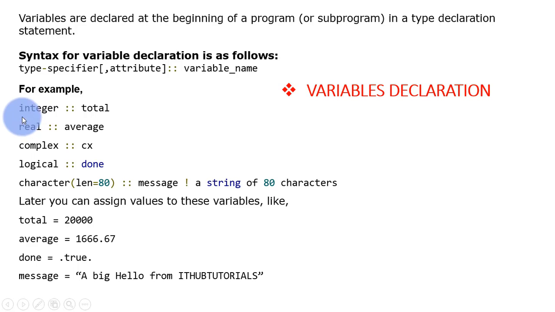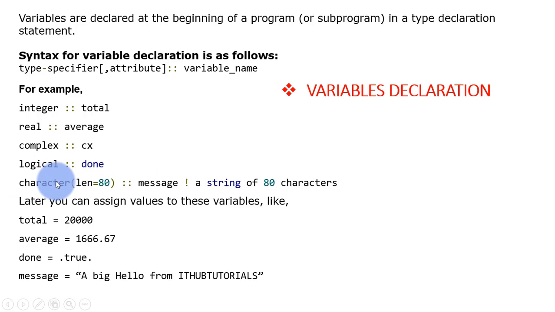For example, take a look at this: integer colon colon total, real colon colon average, complex colon colon cx, and we're also declaring them as logical. But in this last one here, we are applying attributes, so that the length of this message is increased to 80.